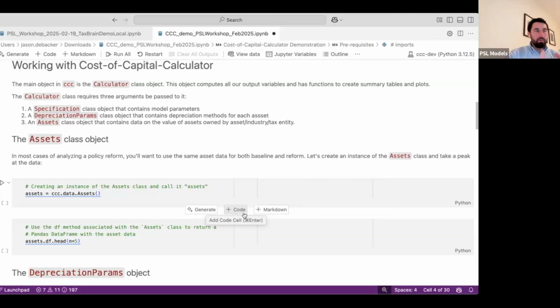Depreciation parameters can vary by industry and asset type, so they're very complex. So those are handled in a separate parameters object called the depreciation params object. So we've got two sets of parameters representing essentially tax law as well as economic assumptions. And then the third ingredient here is your data.